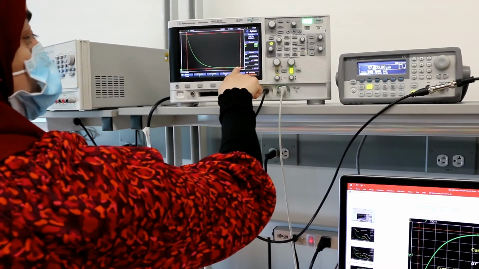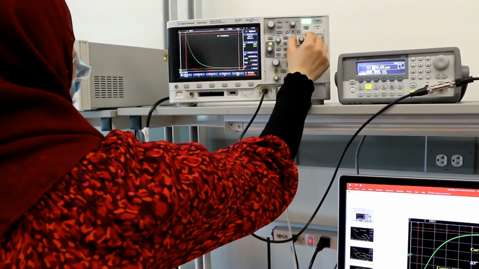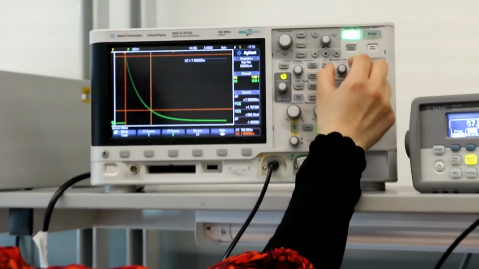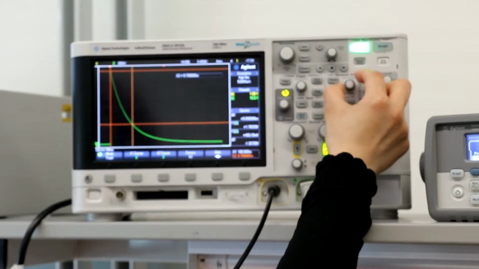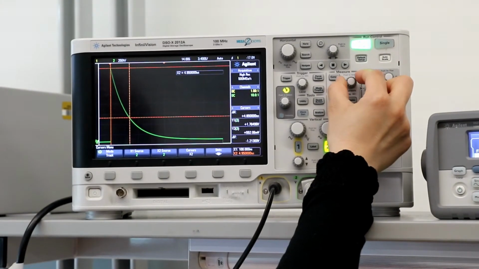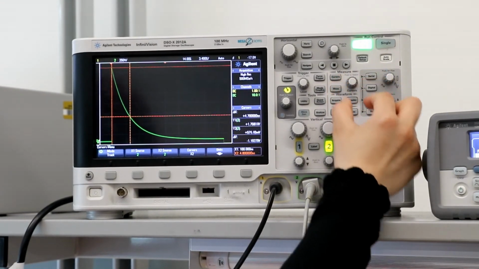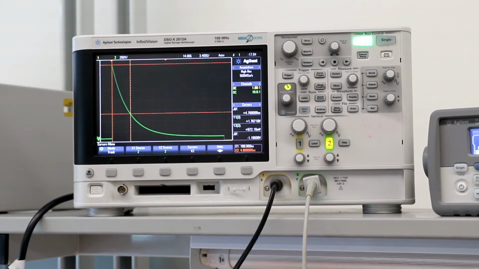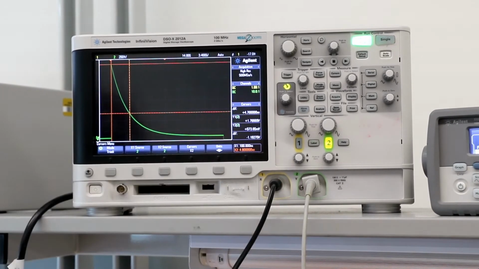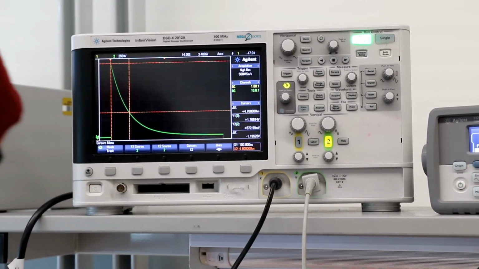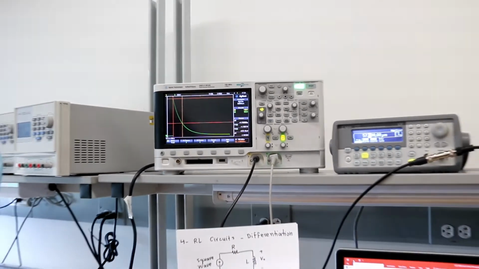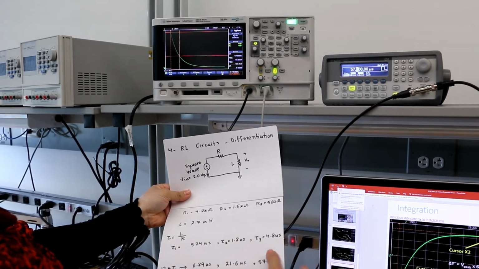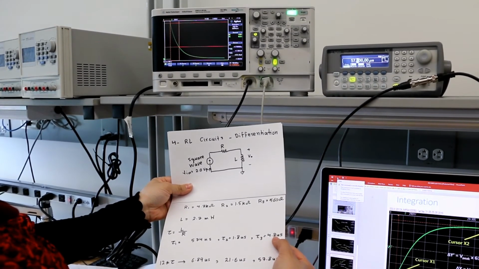Now move x2 until delta y equals 1.1. Now delta y is 1.1 and delta x is tau, which is 4.7 microseconds, and the expected tau for this circuit, for the 560 ohms and 2.7 millihenry, is 4.8 microseconds.